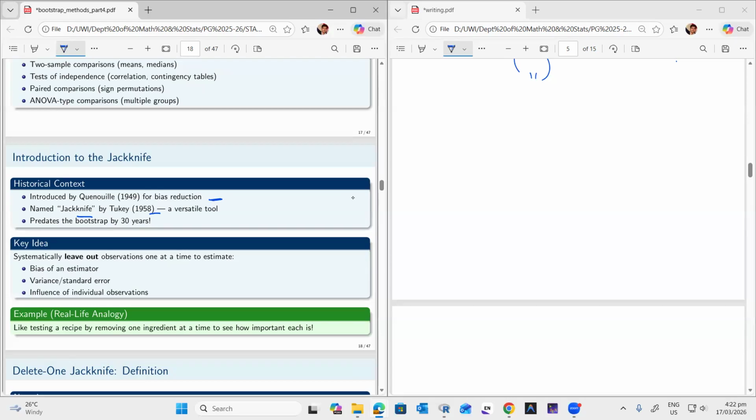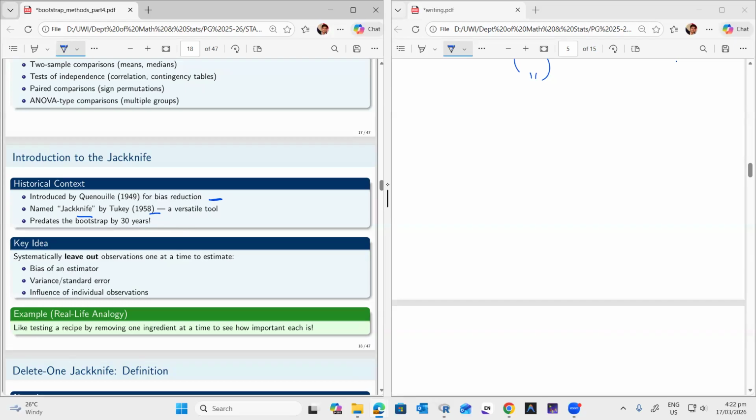After that, it predates the bootstrap by 30 years. Basically, Bradley Efron introduced the bootstrap in 1979, so that's why it is more than 30 years. The jackknife is simpler and computationally cheaper, but it is a linear approximation to the bootstrap in many cases.